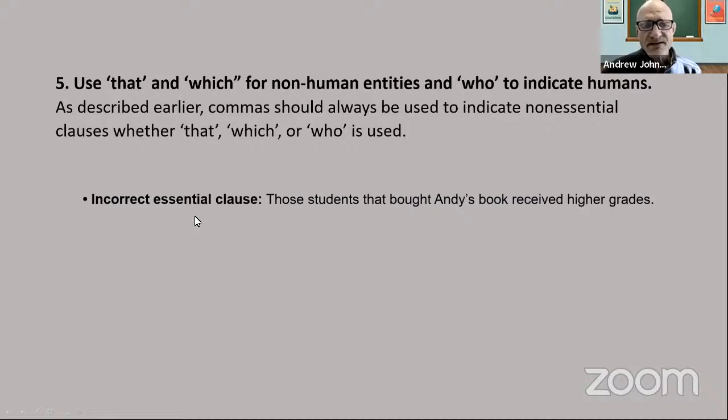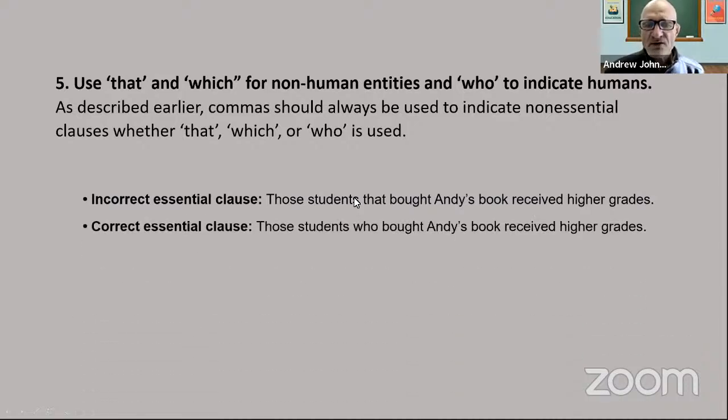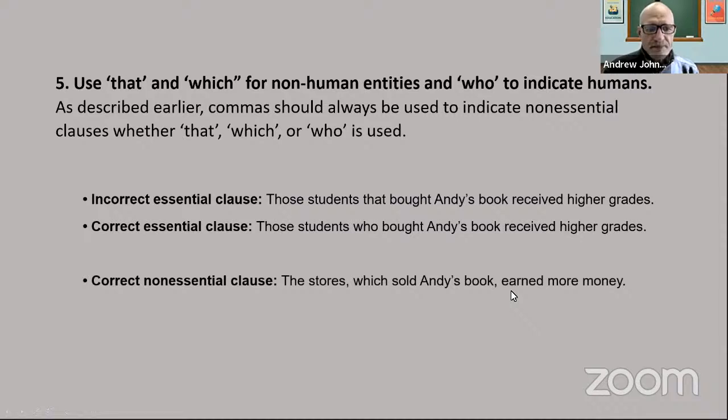Students are human. That's incorrect. It should be: those students who bought Andy's book received higher grades. Of all the students, the ones who bought Andy's book received higher grades. That is correct. That's an essential clause, "who bought Andy's book." And it's essential, so it's not marked off with commas.